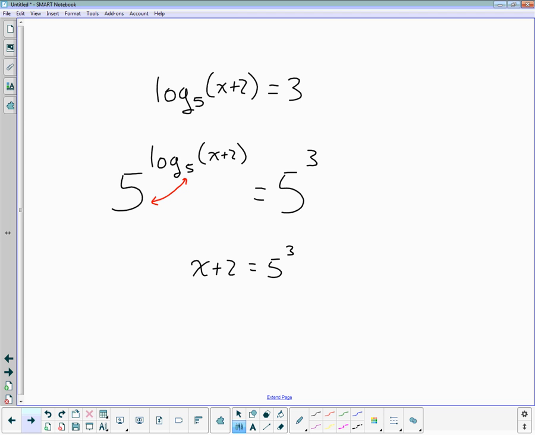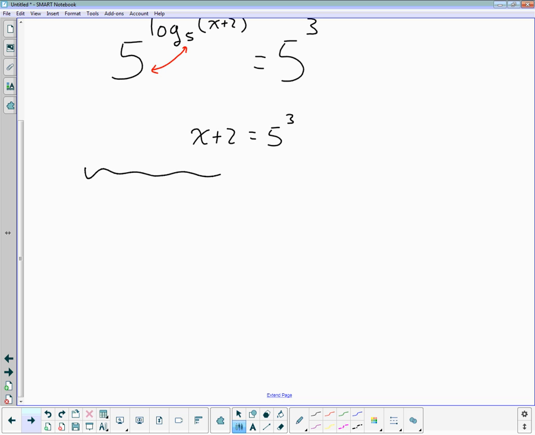Okay? But I will tell you, the number one way that kids mess this up is that they try to do too much at once. For example, if you had this, I'll do base 10.